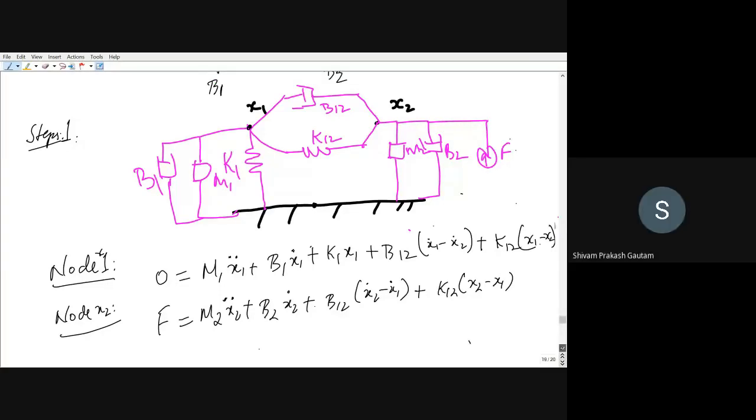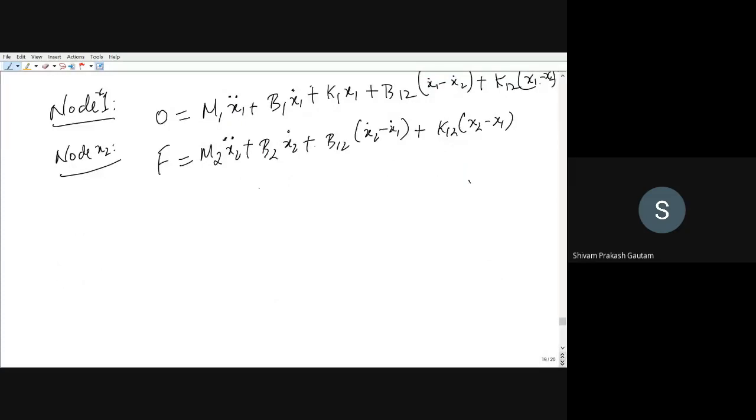Okay. So now we will use the force-voltage and force-current analogy. If you can recall, in the force-voltage analogy, force is analogous to voltage, mass is analogous to inductor, damper is analogous to resistor, spring is analogous to 1 by C, and displacement is analogous to charge.